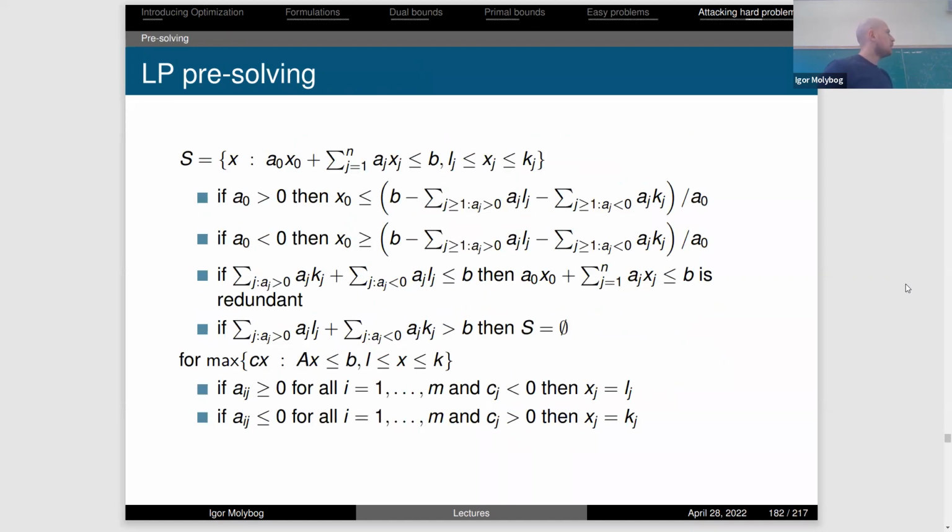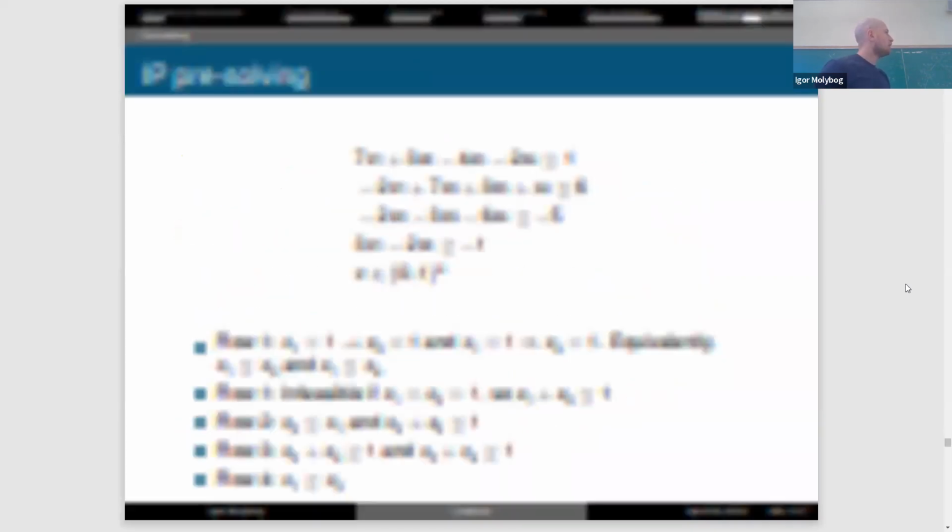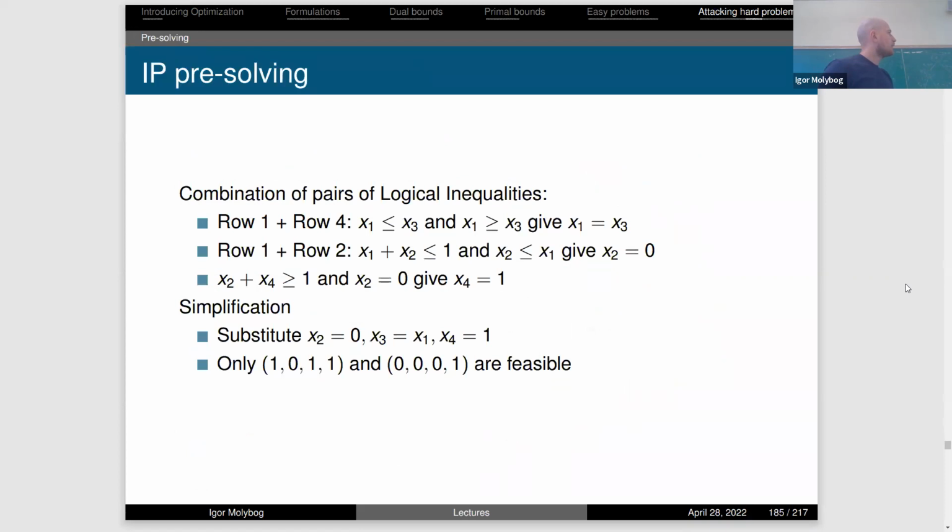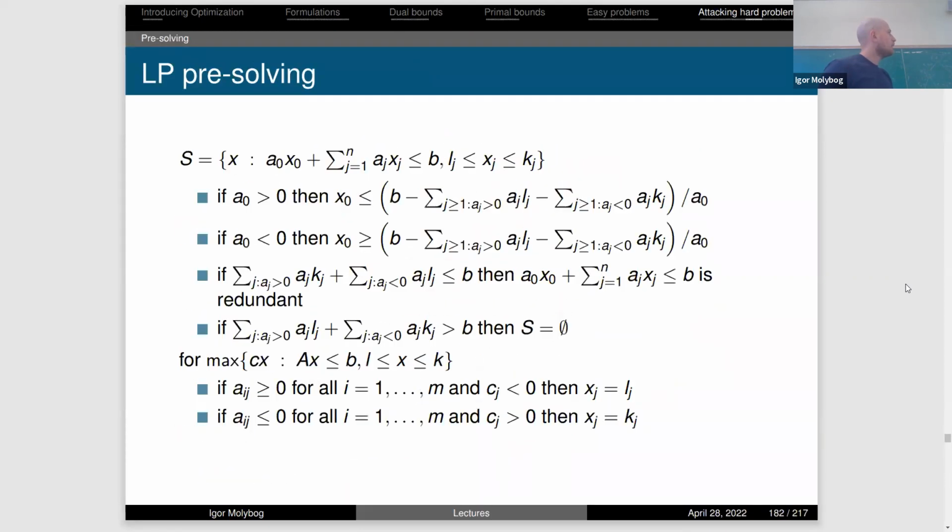And we have seen a couple of pre-solving examples that have given us the following set of rules that we would need to follow if we were to add more constraints or reduce the number of variables, fix the values of some variables, or get them as redundant.